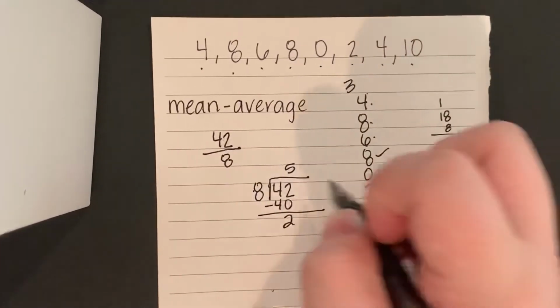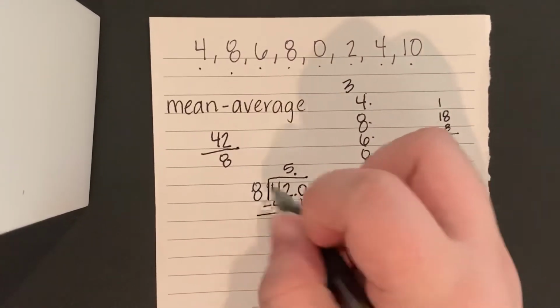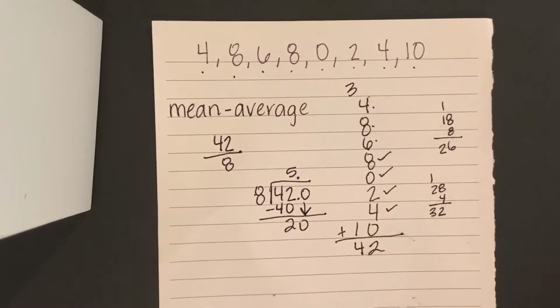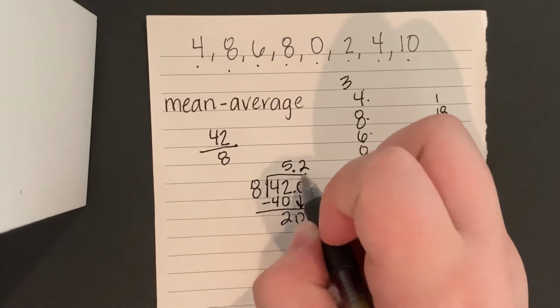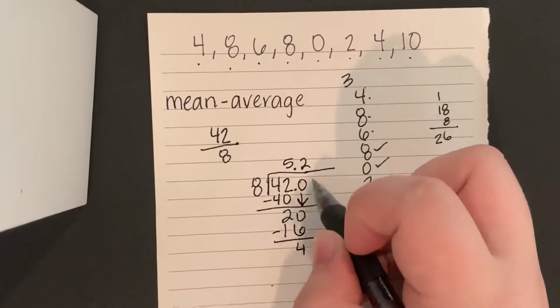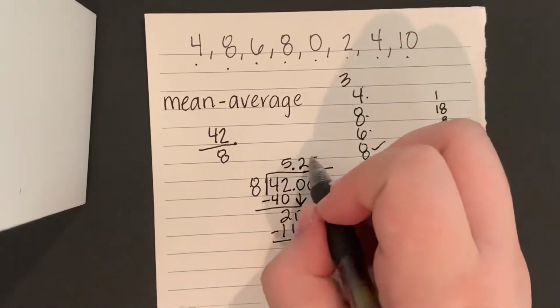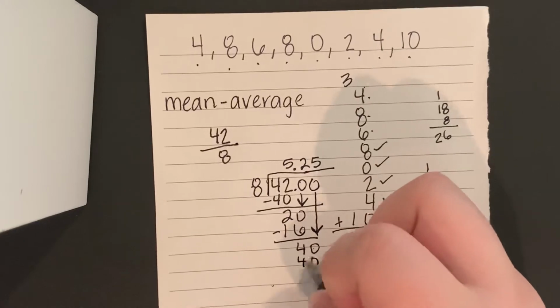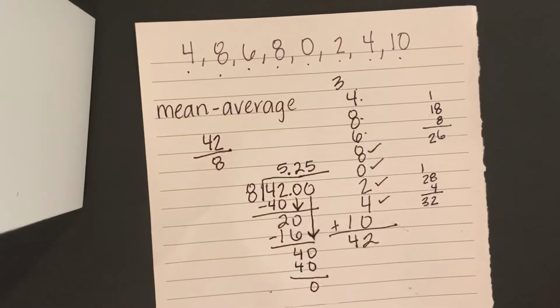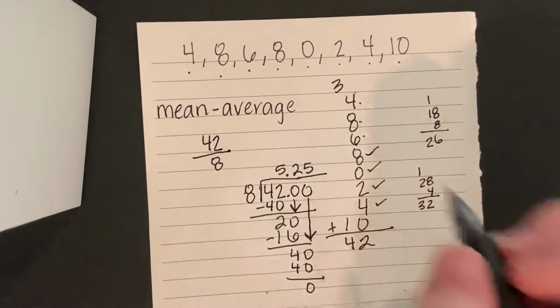That leaves me with 2, so I'm going to add a decimal and add a 0. Bring it down. 8 will go into 22 times. 8 times 2 is 16. Add a 0, bring it down. And 8 times 5 gives me 40. And it is okay to have a decimal on these. So my mean is going to be 5.25.